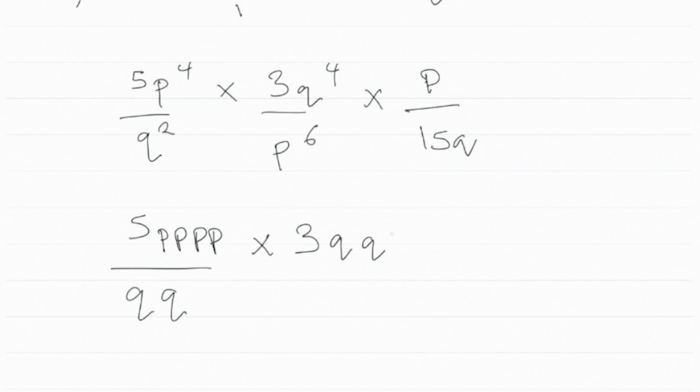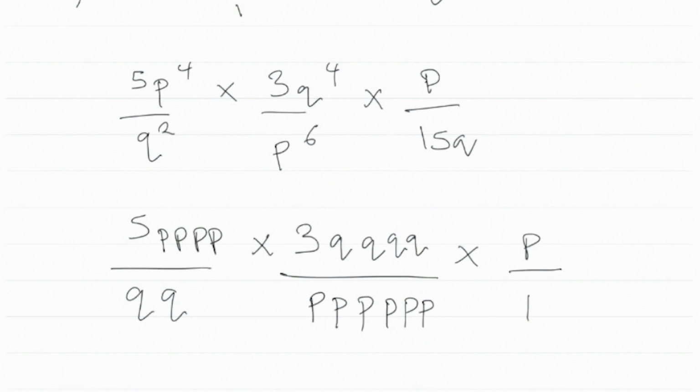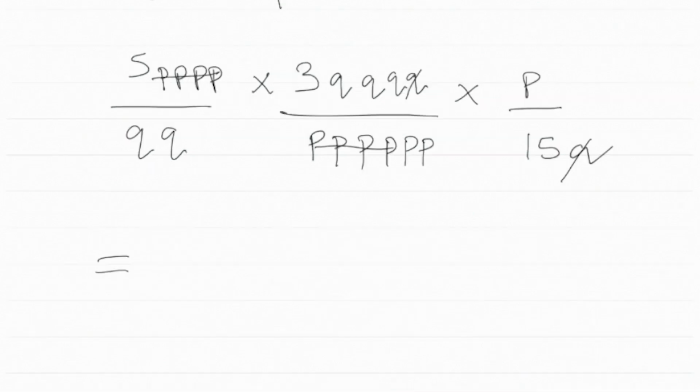We're just trying to make it very simple. Times p over 15q. So you can see that this can eliminate also the p's there. And when you work out the elimination there, when you simplify further, you remain with 3q over p at the end of the day as your last answer.